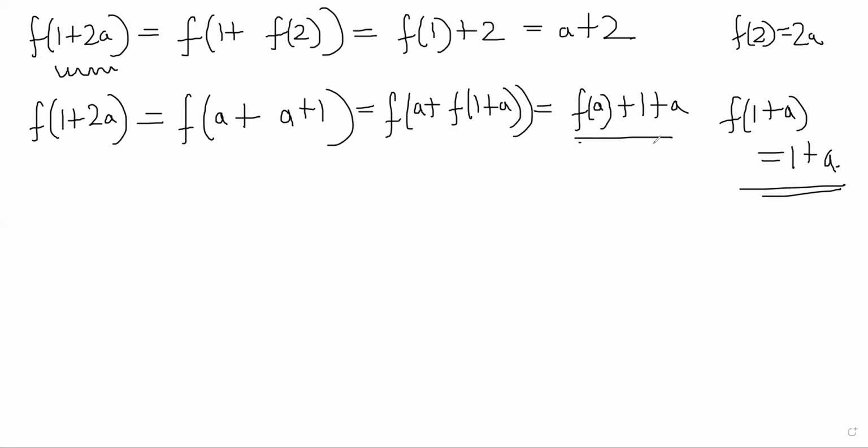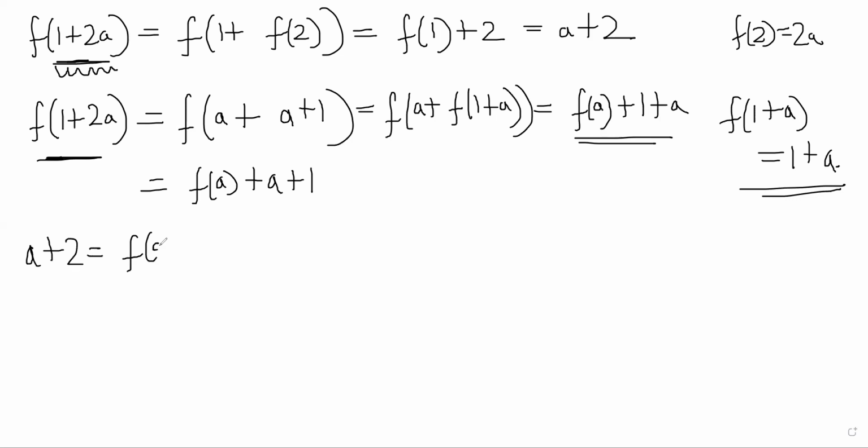Using the first equation basically. Now we are getting f of a plus 1 is also equal to this. So both the things must be equal. Therefore, we can write a plus 2 should be equal to f of a plus 1, right? Which implies that f of a is equal to 1.